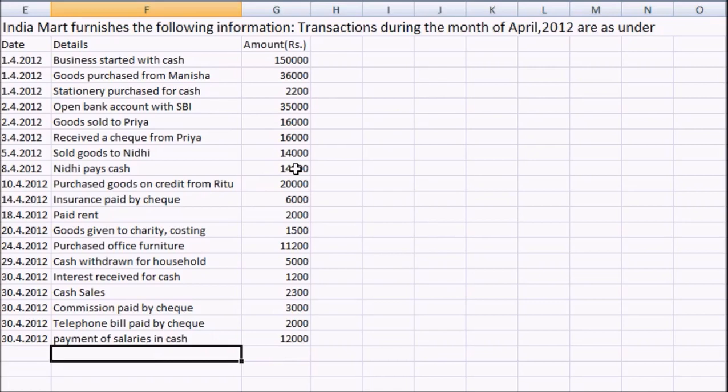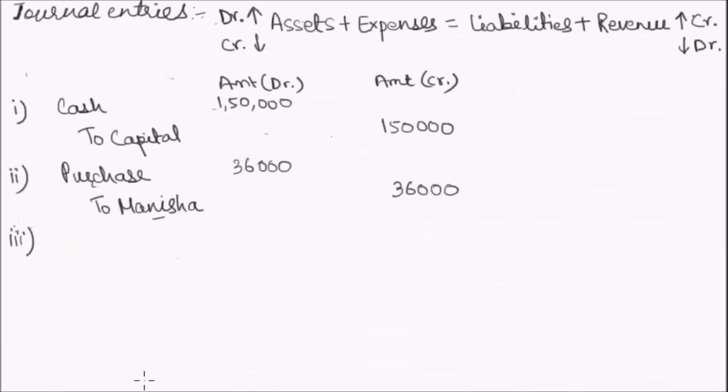Stationery, as it has been increased because of its purchase, would be debited, and cash has been used as payment for the stationeries, so there would be decrease in cash and thus it would be credited. So our third entry would be stationery account to cash account. The amount would be 2200.